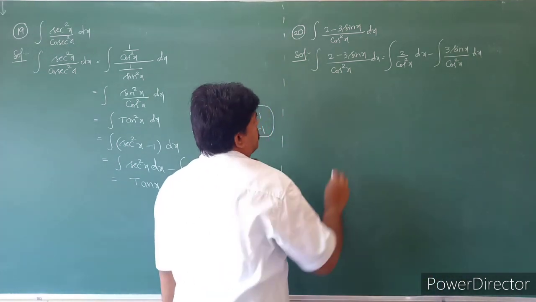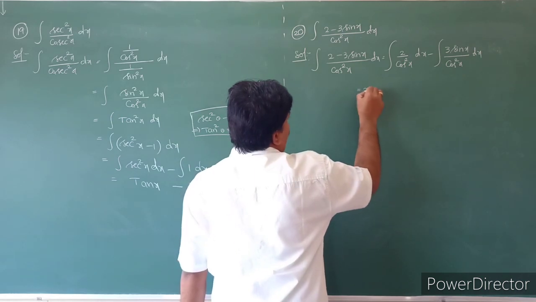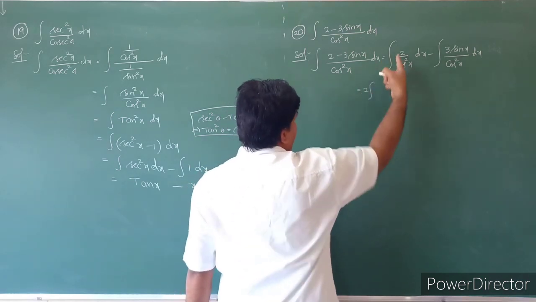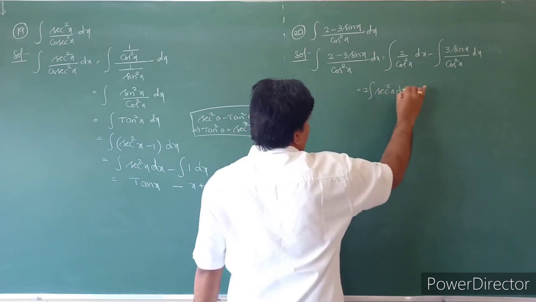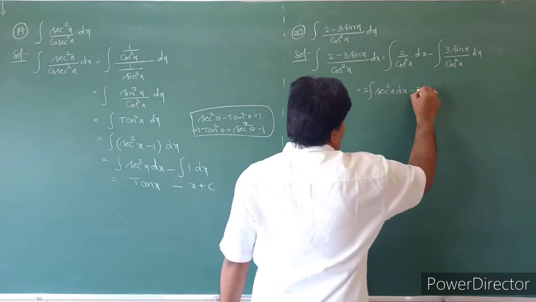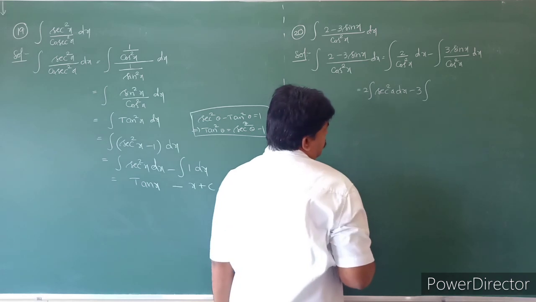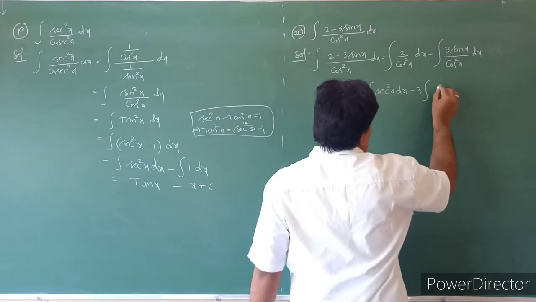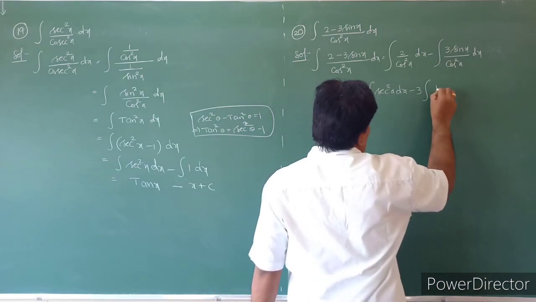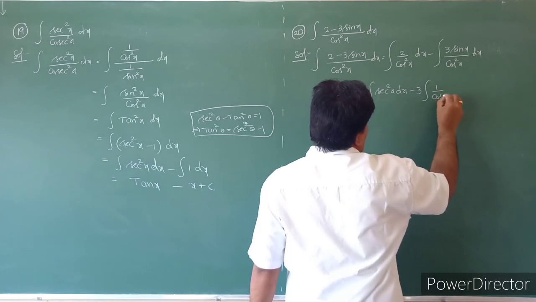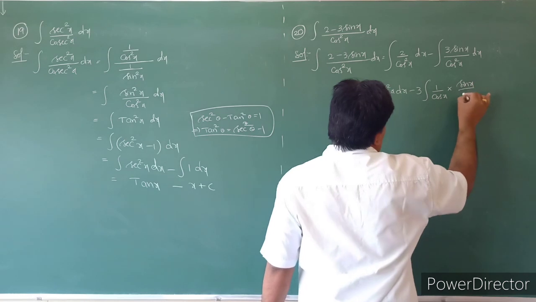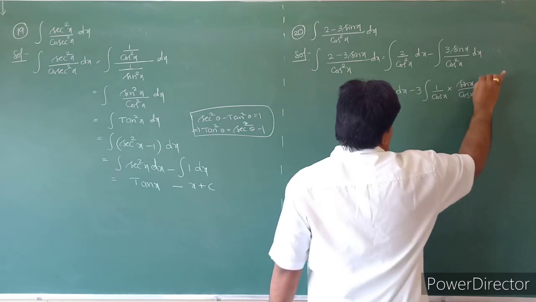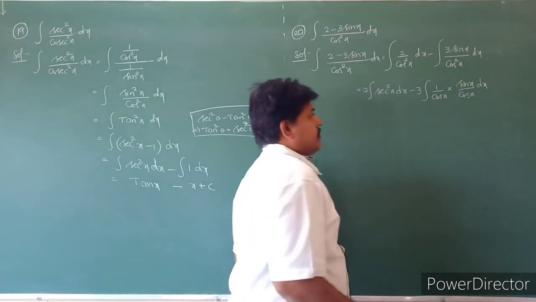So what is this meaning is that is equal to 2 into integral of 1 by cos square is nothing but secant square x into dx minus 3 into integral of this value I will write in this form 1 by cos x into sin x by cos x into dx by our convenience.